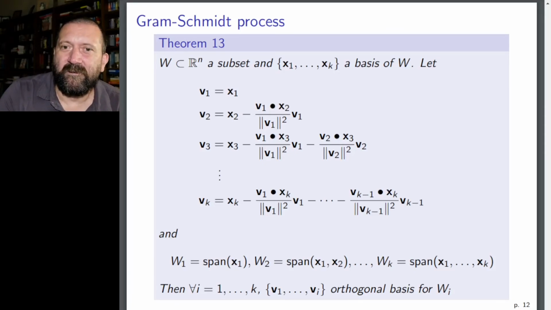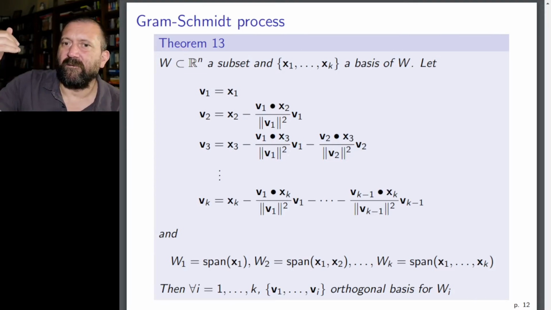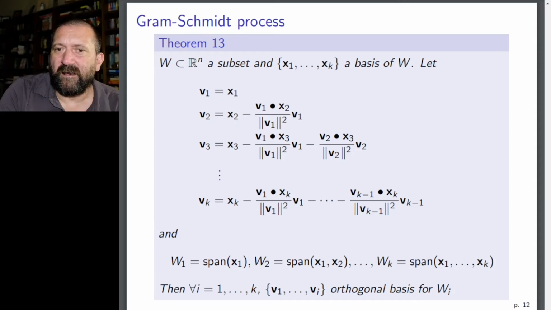So second step, I take x2 and I subtract from it that projection. Then third step, I take x3 and I subtract this projection here. And I continue until xk, and to xk I substitute vk, which is defined this way.